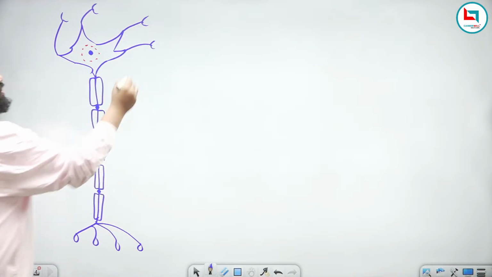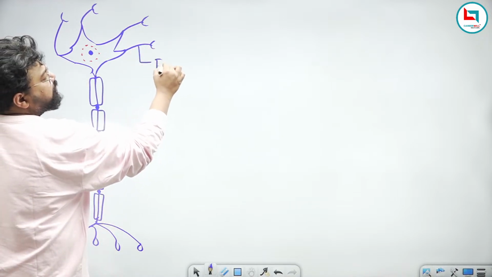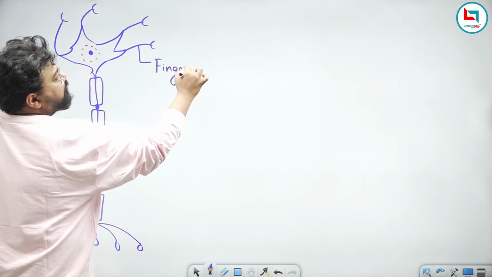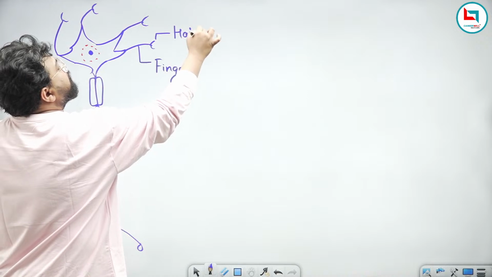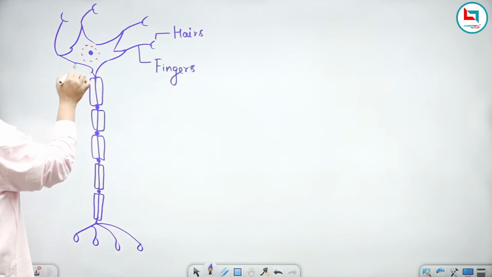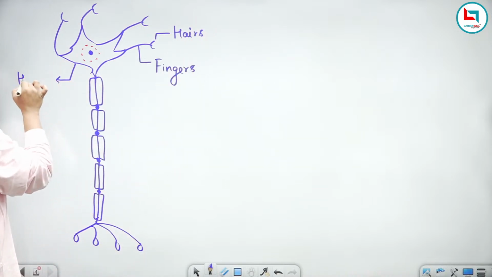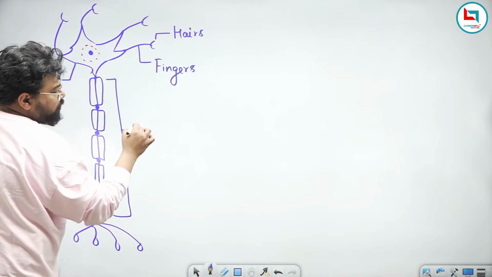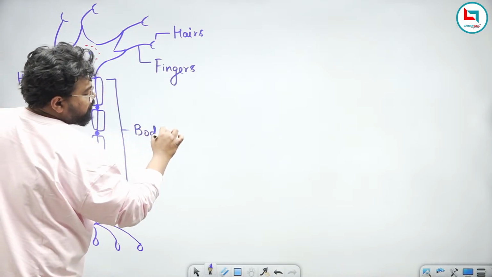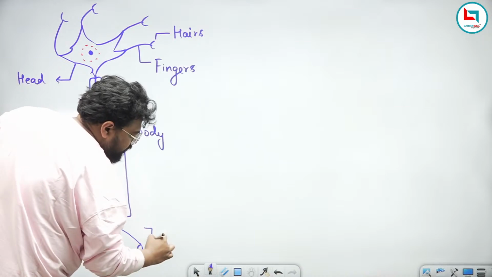So these are the fingers of the neuron. These are the hairs of the neuron. This is the head of the neuron. This is the body of the neuron. And this is the tail of the neuron.